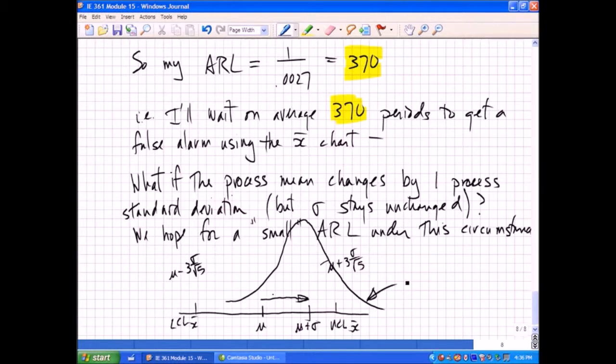So this is the distribution for X bar. It's not centered at mu, but it's centered at mu plus sigma. It still has standard deviation sigma over root 5, but now the value of Q that I'm facing is this plus that. And that value of Q is going to be bigger than my earlier value of Q. So let's see how that goes.